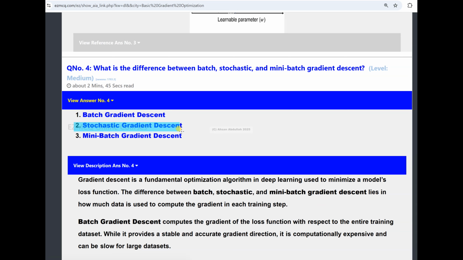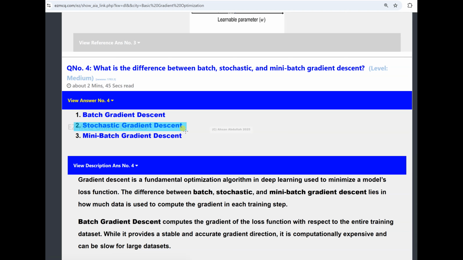Then we have the stochastic gradient descent. What happens in stochastic gradient descent, SGD? We just randomly select training examples per iteration. Of course, when all of the data set is not used, updates will be faster, but it can introduce noise also, because when you are randomly selecting, whatever is selected may not be related with each other.